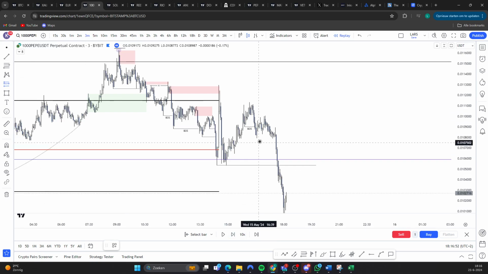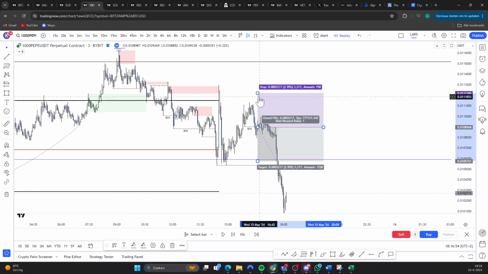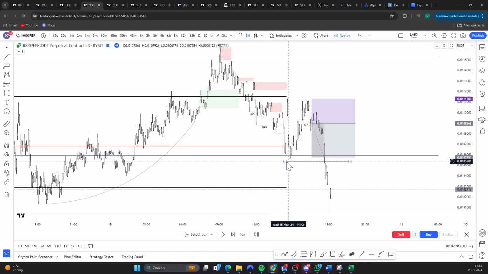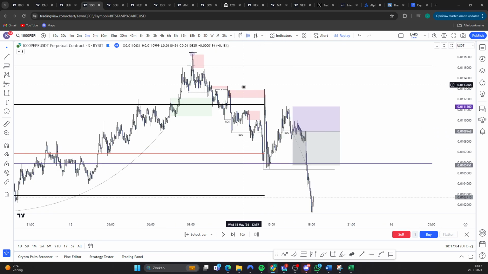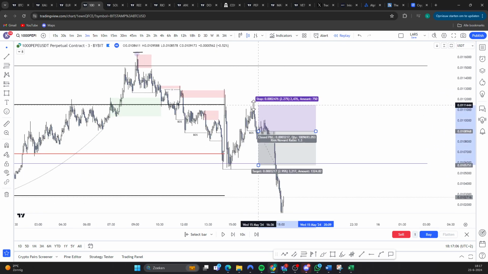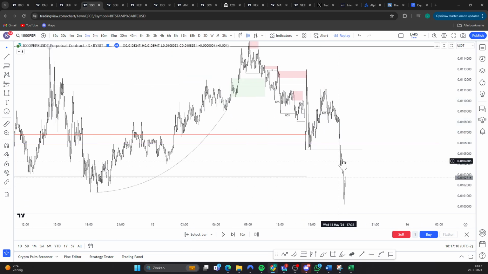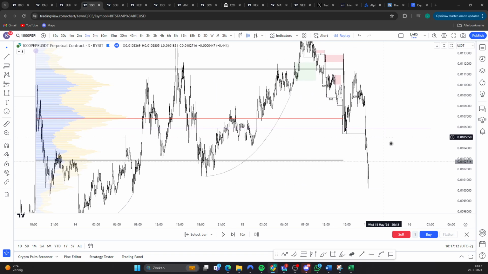So maybe you could enter a short here. I wouldn't really like to do it because these were equal lows, and because I'm already short with a 2% risk, I wouldn't do it. But if I didn't have an entry yet, I would have potentially taken this. But now I would have not.